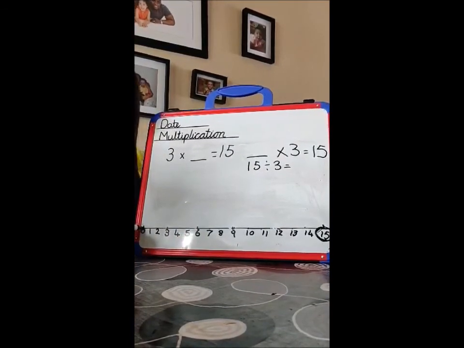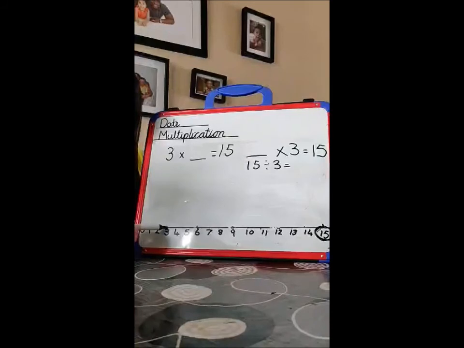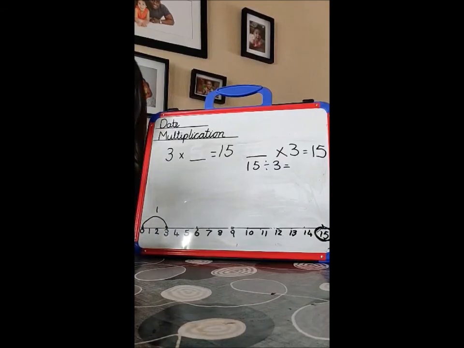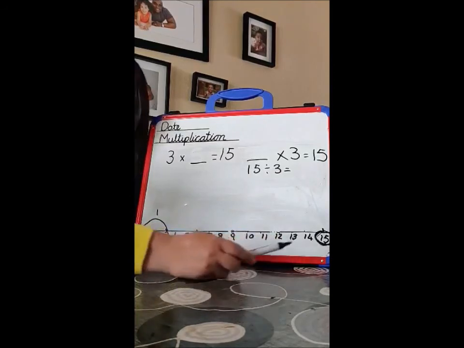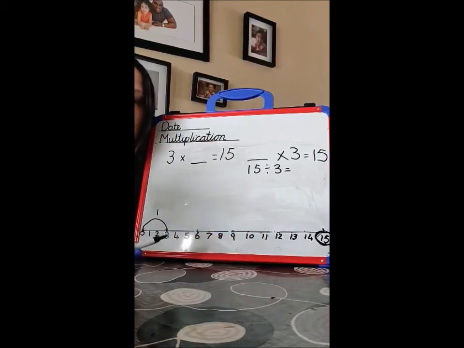We're going to count in 3s. So 1, 2, 3. That's where I'm going to jump to first. That's my first jump of 3. You have a go on your number line and see how many jumps of 3s you can get in all the way up to 15. Pause the video now, have a go and press play when you're finished.